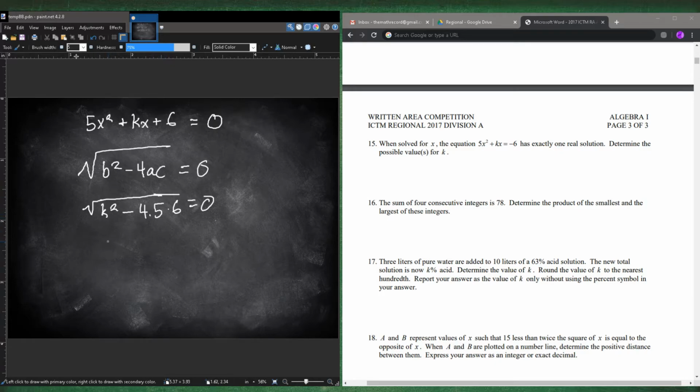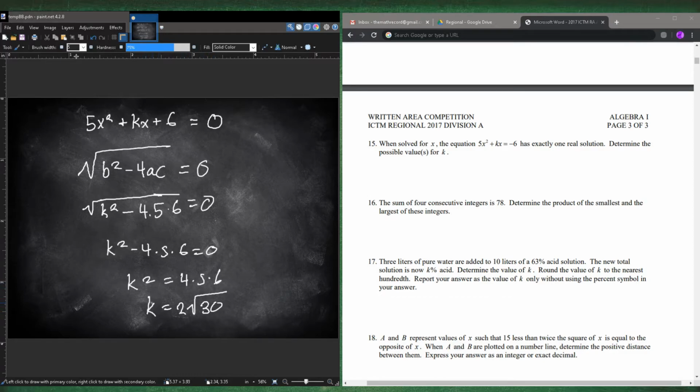So k squared minus 4 times 5 times 6 has to be equal to 0, because squaring both sides gives 0 squared, which is just 0. So k squared is equal to 4 times 5 times 6. So k is equal to the square root of 4, which is 2. We cannot take the square root of the other ones because they're not perfect squares. So our answer is 2 square root 30.